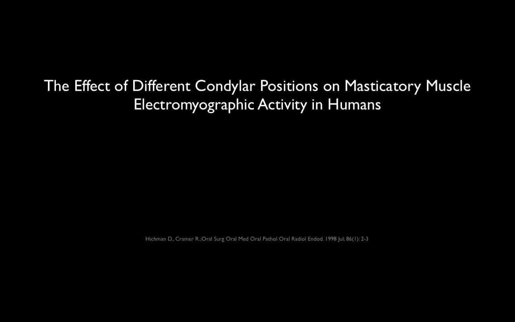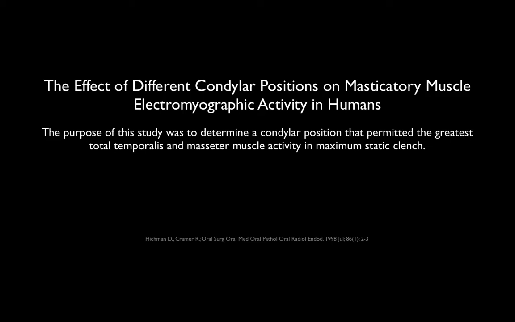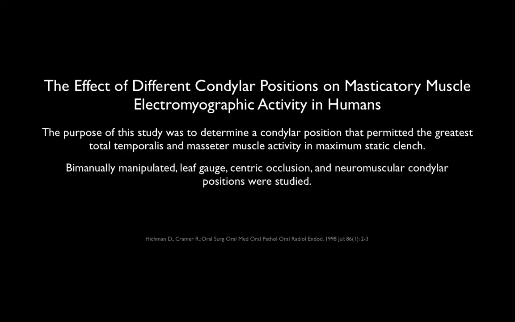This is another study cited by the neuromuscular crowd, and it's kind of interesting how they perceive it, because I'll tell you how I perceive it. What they did is they looked at the effect of different condylar positions and its recruitment of the temporalis and masseter muscles. They looked at bimanually manipulated, leaf gauge, centric occlusion, which should be MIP, and a neuromuscular condylar position.